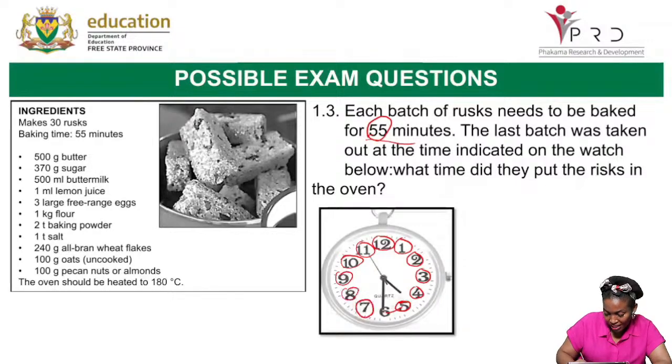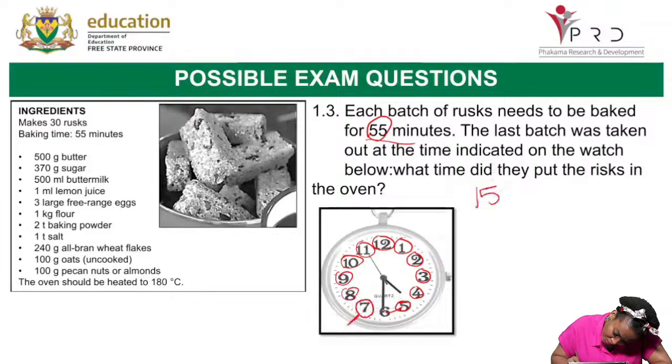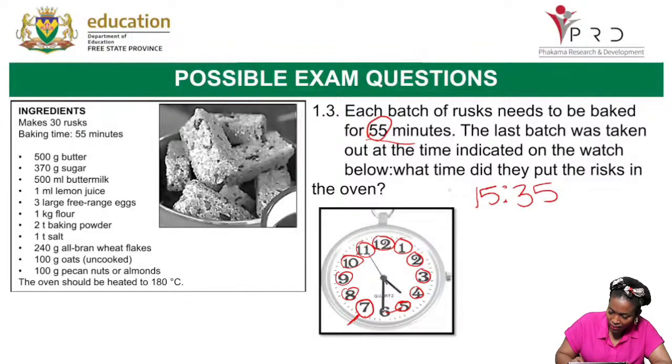So if they took it out at 4:30, it means they put them in at what time? At 25 to 4, which is 15:35. So this is the time where they put the rusk, and when you count 55 minutes, that is why they had to take them out at 4:30.